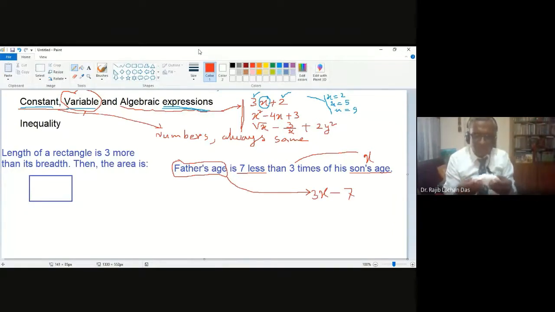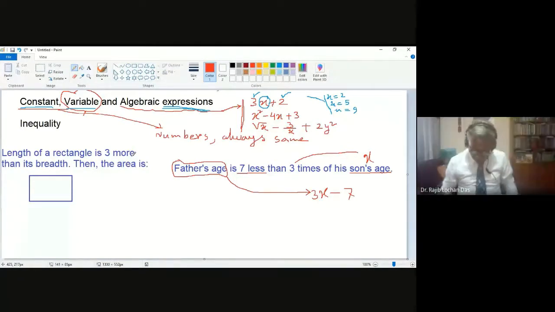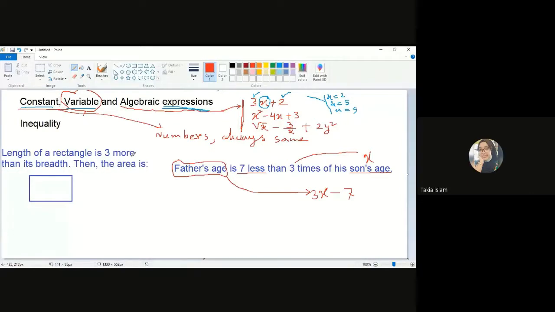What do you mean by your x? Sir, he may be trying to say the breadth is x, and the length of the rectangle will be 3 plus x. So the area must be 3 plus x into x.